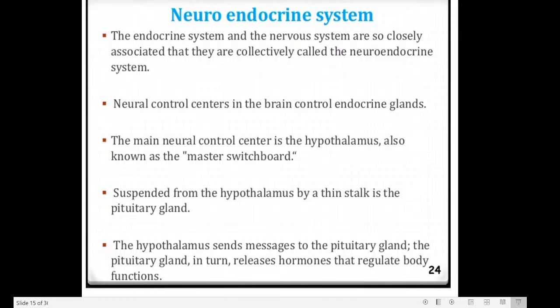The hypothalamus sends a message to the pituitary gland, which then releases hormones to regulate the body. So the endocrine system fully depends on the hypothalamus, and the pituitary gland helps to produce the hormones.